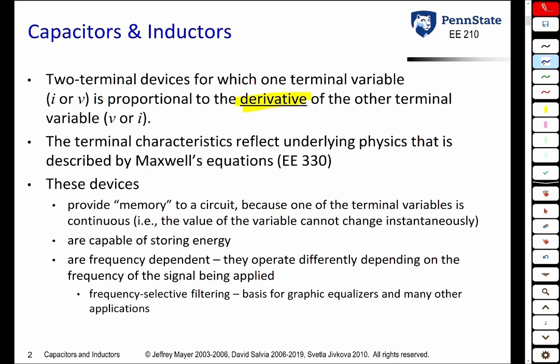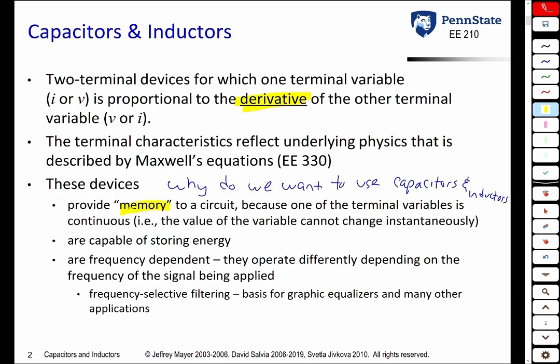So what are some of these interesting properties? In other words, why do we want to learn about or use capacitors and inductors? Well, first off, they provide memory to a circuit. In other words, you're going to find out that capacitors and inductors store some information about what was previously in the circuit.